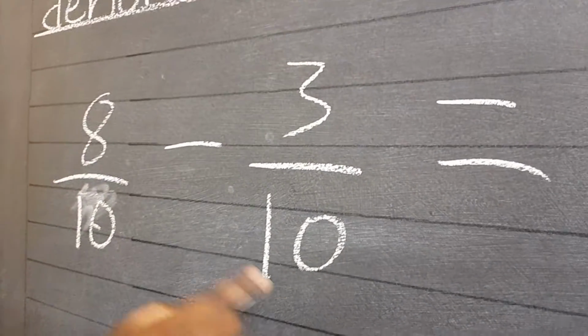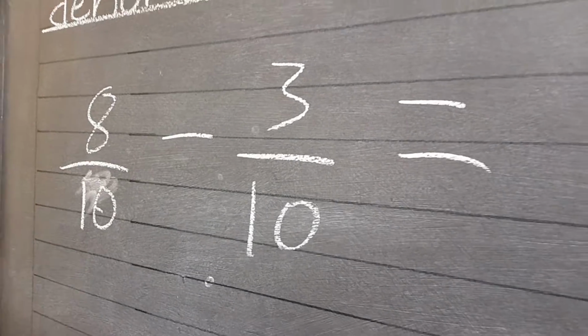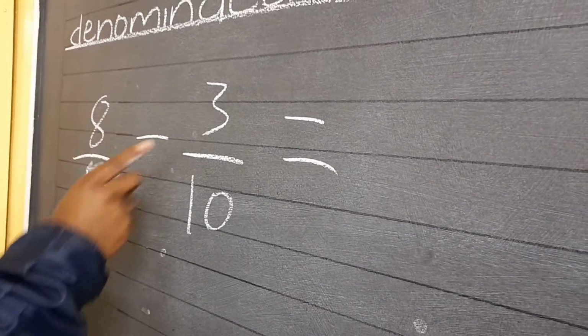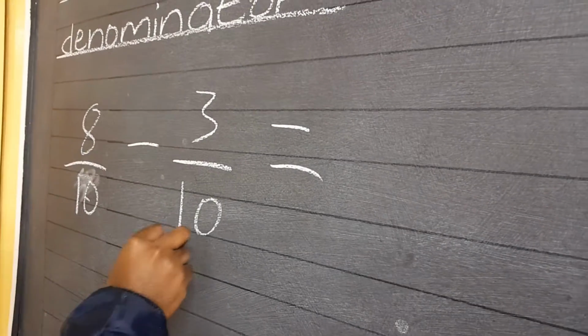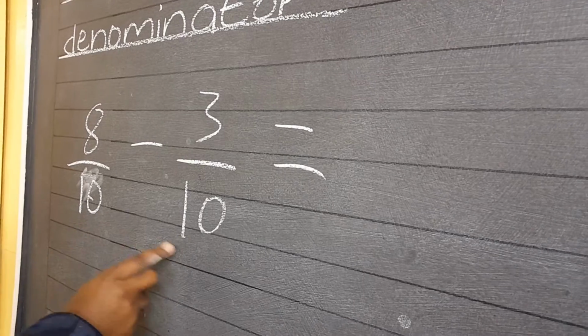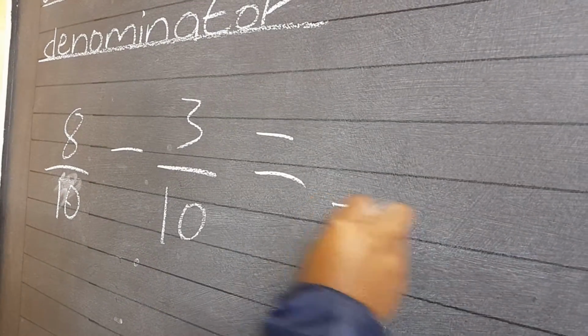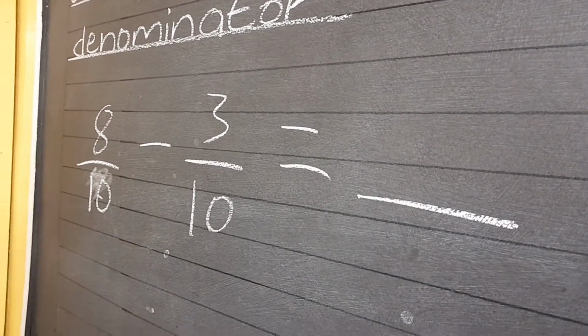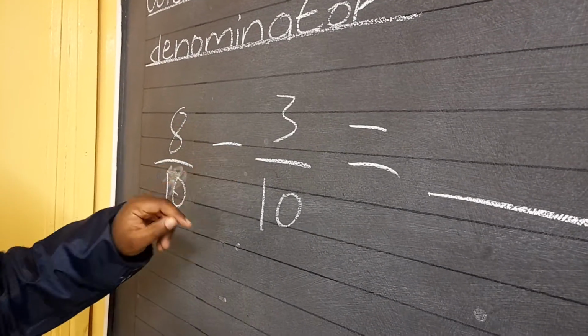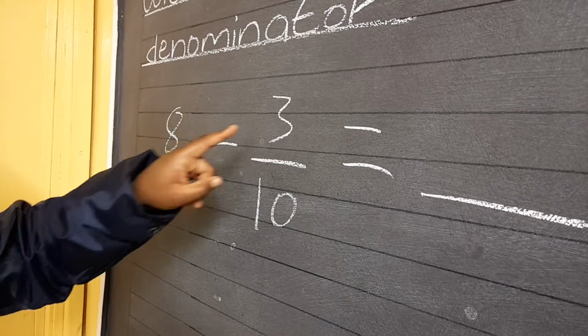We all see that they are the same. So whenever we are working this out, you do not change the denominator. The denominator stays the same.